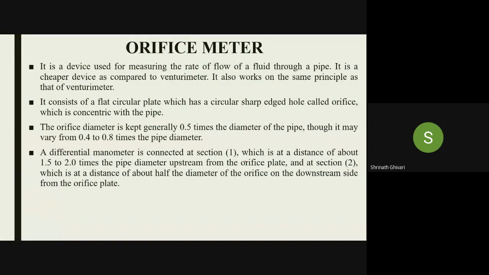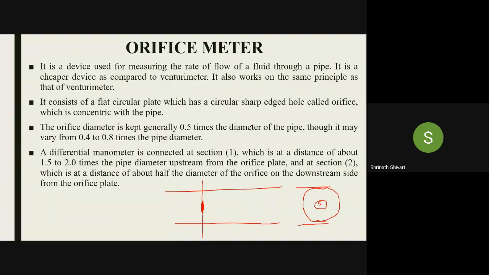A differential manometer is connected at sections 1 and 2. I'll show you the diagram so you can understand. There is a pipe and we are placing a circular plate in it, with an orifice here. From the side view, this is the pipe diameter, this is the circular plate, and it has an orifice like this. The center of the orifice and the center of the pipe are concentric because they lie at the same center.